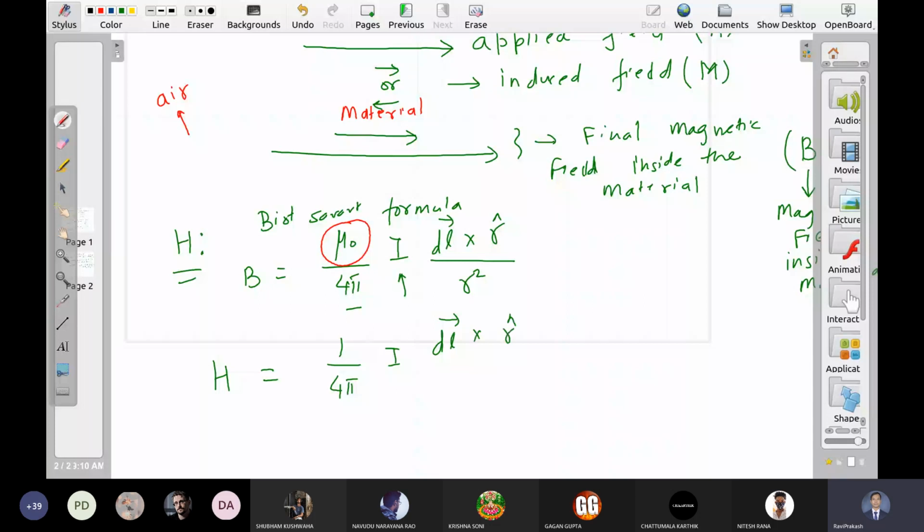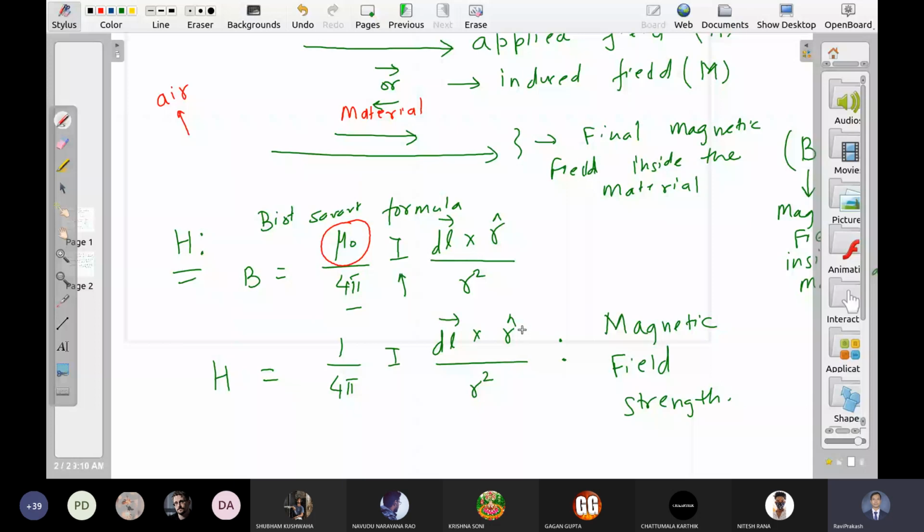What is the name of it? A slightly different name: magnetic field strength. But now this quantity has nothing to do with the environment. All the parameters are there which we can tune according to our choice.